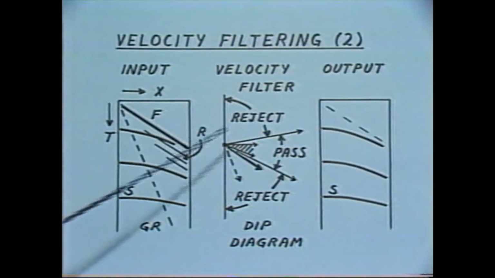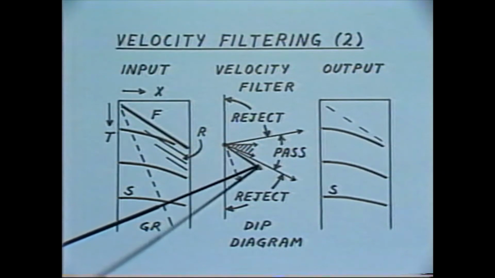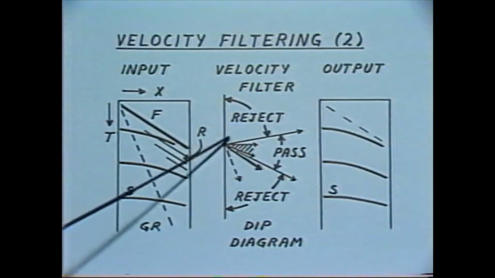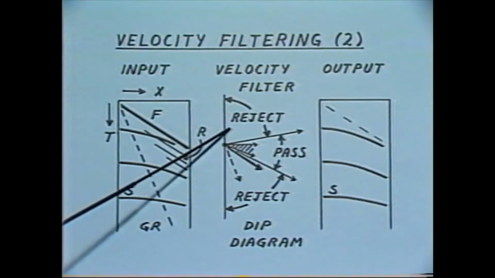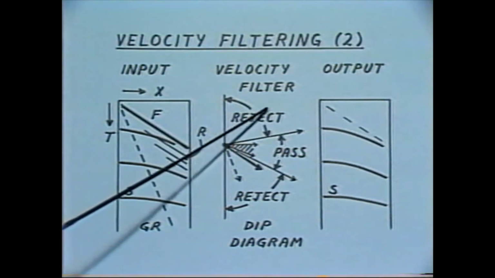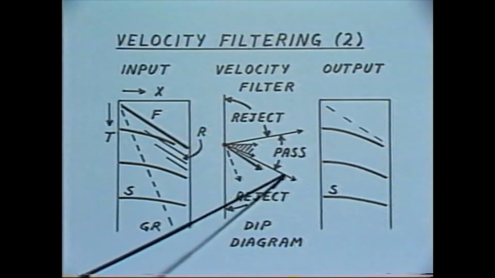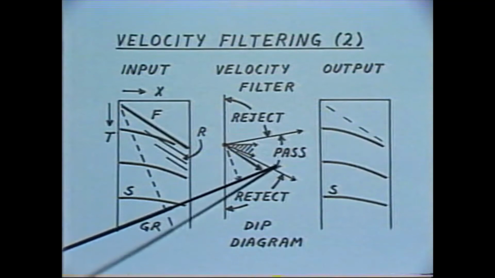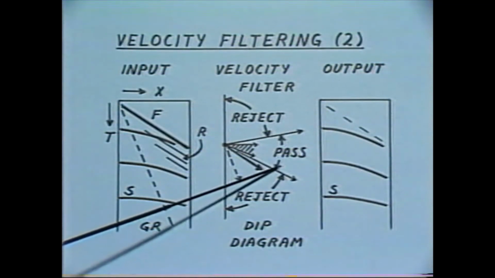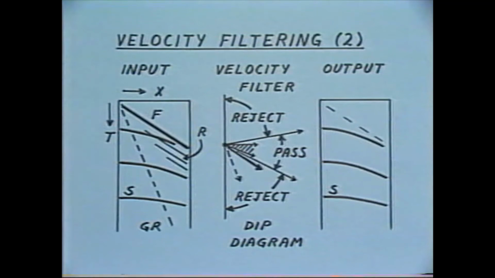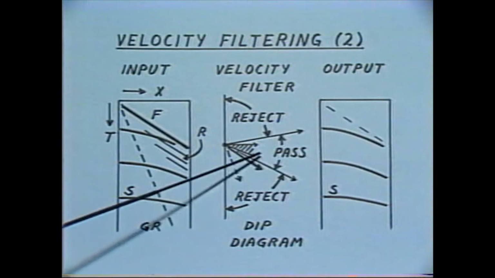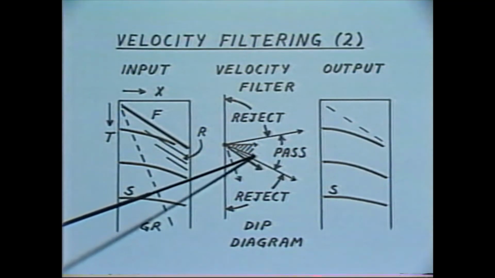And the process is arranged so that events with very steep dips either in this direction, as the noise modes have, or in fact steep dips in the opposite direction, which can sometimes occur, all those events with dips in those ranges are rejected. A certain range of dips, which can be specified by the user of the process, is passed without having any effect on them. And that range of dips which is passed is chosen to include the range of signal dips.